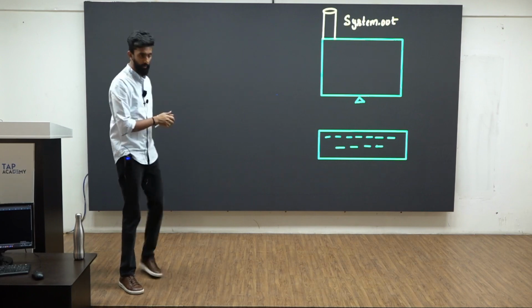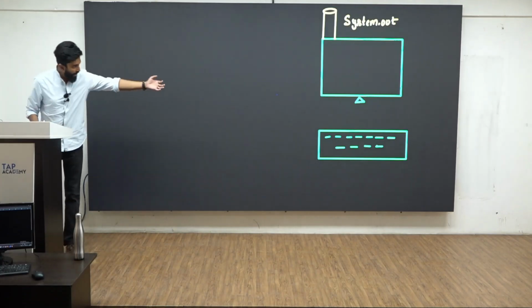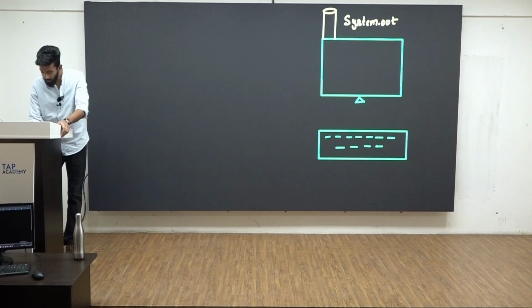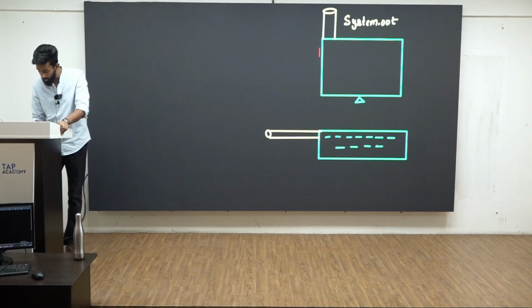Anyways, we will look at it later. Similarly, to take something typed on the keyboard, they have also connected one pipe. Can you predict the name of this pipe? The name of this pipe is System.in.